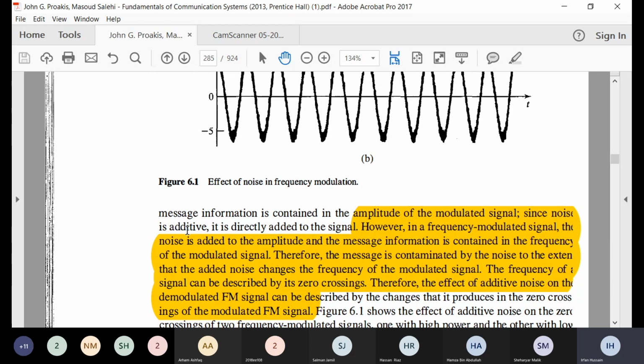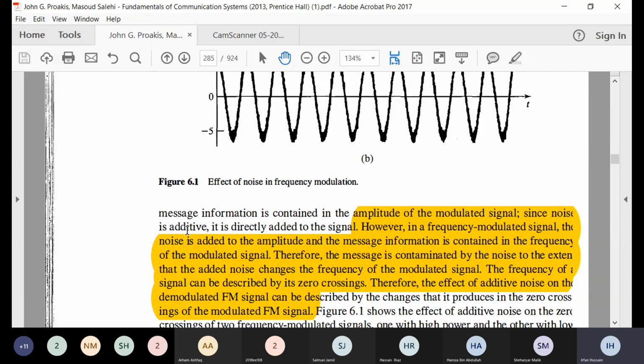So whatever the change is in the phase of the modulated signal, noise has to be added to the amplitude, and the message information is contained in the frequency of the modulated signal.